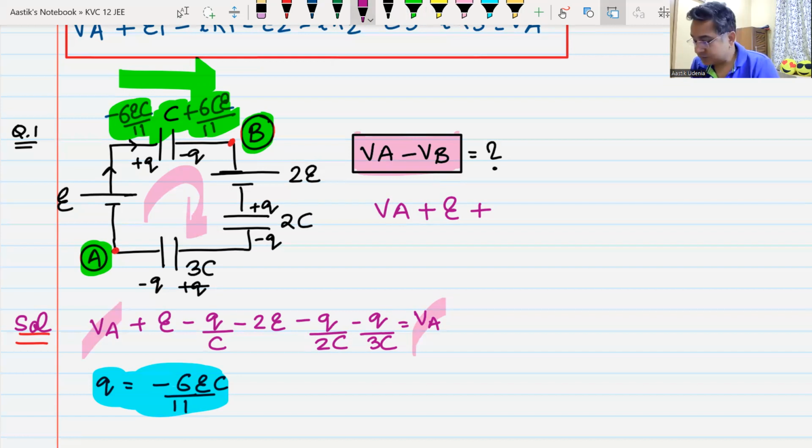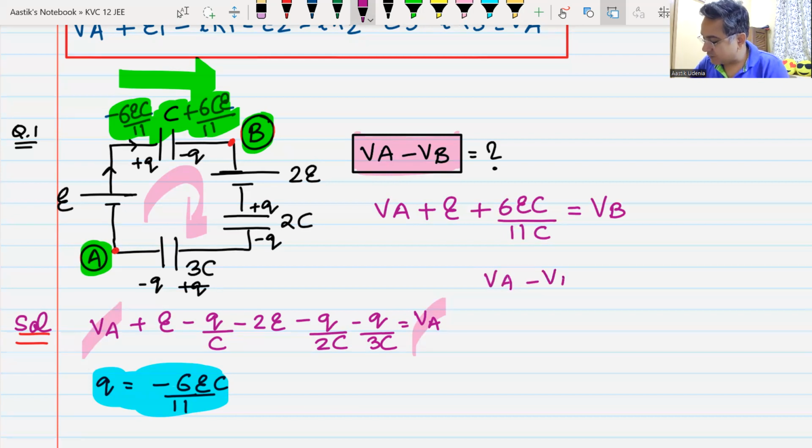Don't get confused. When I say charge on the capacitor, it is always the charge on the positive plate, not the charge on the negative plate. So you are getting confused here. I am moving from the negative plate to the positive plate. Potential should rise. How much should it rise? The charge is 6EC by 11 divided by C. That must be equal to where I end my journey, on B. So now I will get the value of VA minus VB.